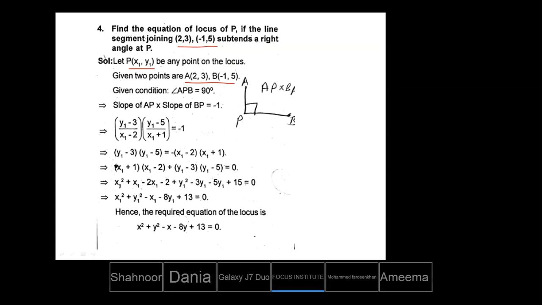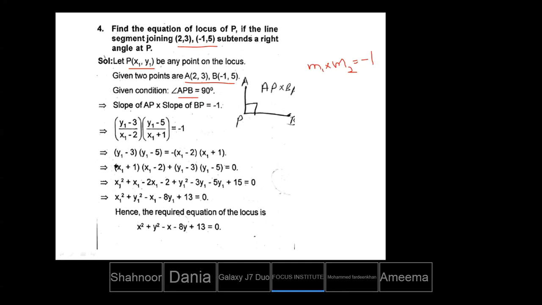So the given condition is that P is a right angle. So if P is a right angle, then m1 into m2 will be equal to minus 1. So we are applying slope, the product of slopes will be equal to minus 1.